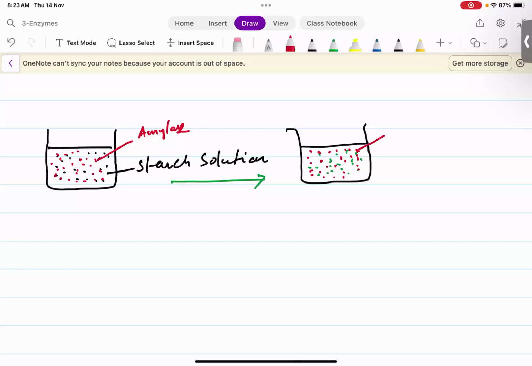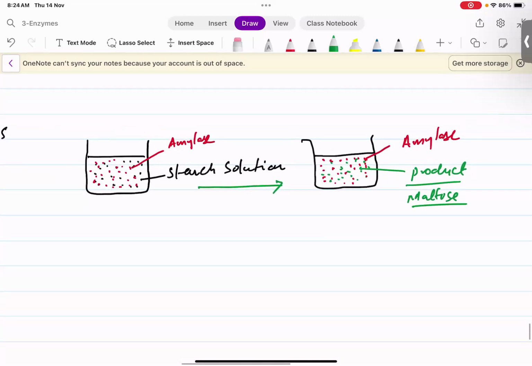So this is amylase here, and this is product, which is maltose. So this is how free enzymes catalyze a reaction.